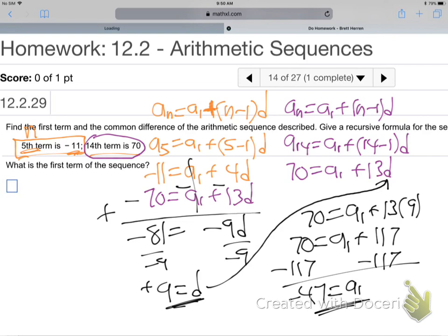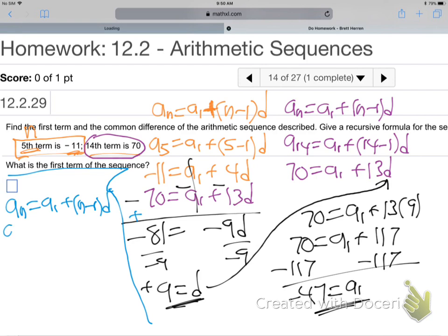Last thing, we should find the formula. So they're gonna ask us for everything else. Let's find the formula. So the formula is AN is A1 plus N minus 1D.